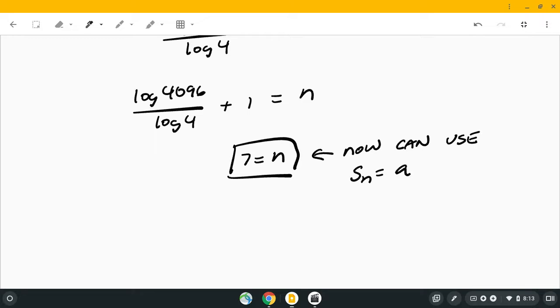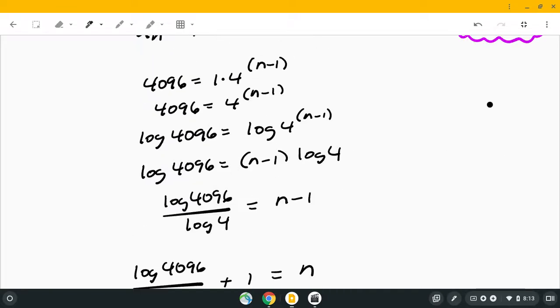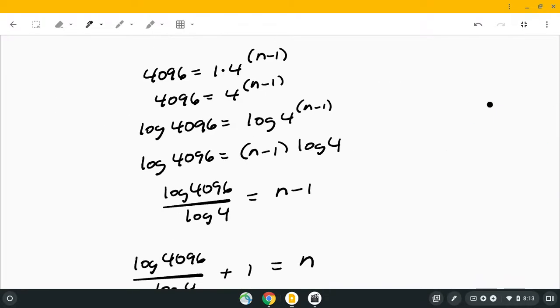Let's go ahead and write that. All right, so n is 7. So we want to know the sum of the first 7 terms. So that's going to be a. Is a 1? I think it was. A is 1, yes.